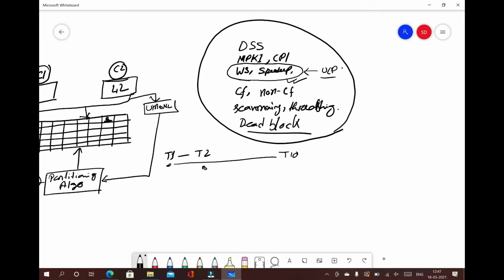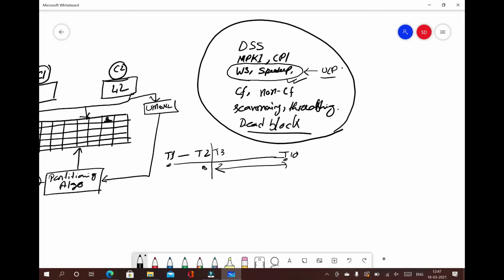After t2, suppose this is t3, starting from t3 the block will not be accessed, because the block is evicted at t10. So before evicting, during this time it is not accessed again, so during this time the block is called a dead block. I hope this point is clear. I have already explained the dead block.